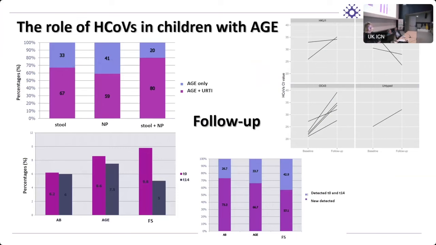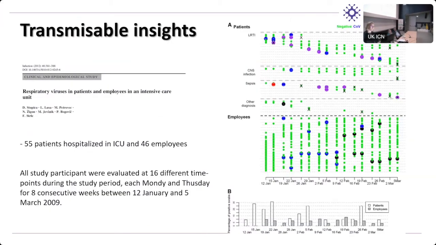And as you can see, as we expected, the CT value at follow-up is higher, but only in NL63 is it surprisingly lower. But we have a very small sample with such positivity in both samplings.